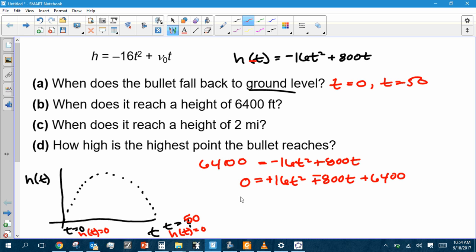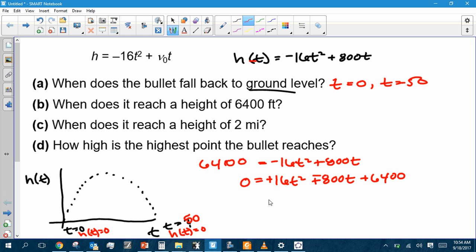Okay, I'm going to do something real quick here to save some time in factoring, and use my calculator. 16t squared minus 800t plus 6,400. All right, so that thing doesn't really factor nicely, so here's what we're going to do.